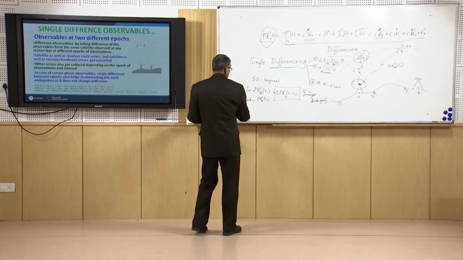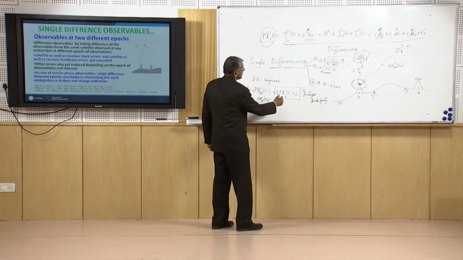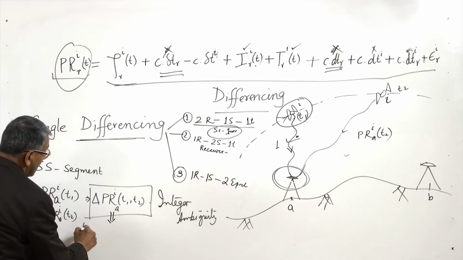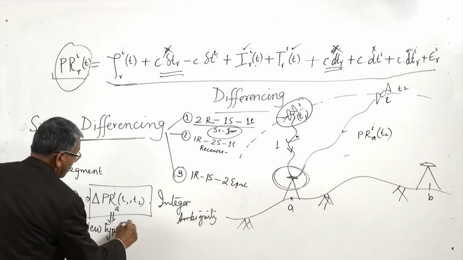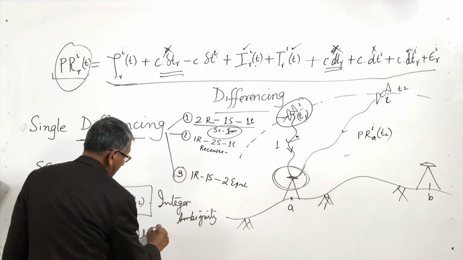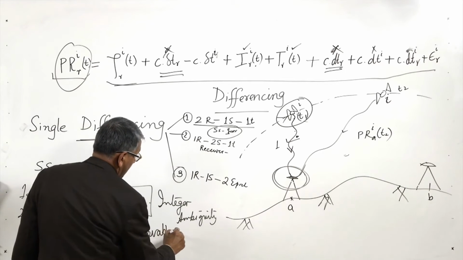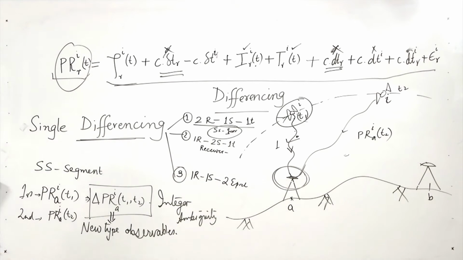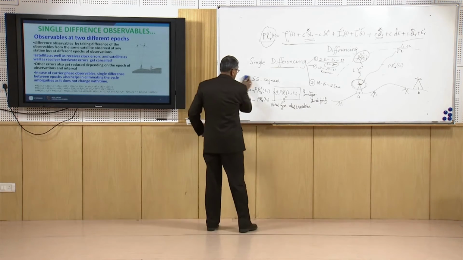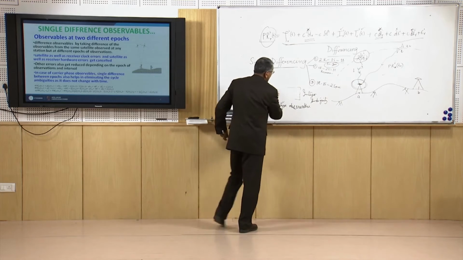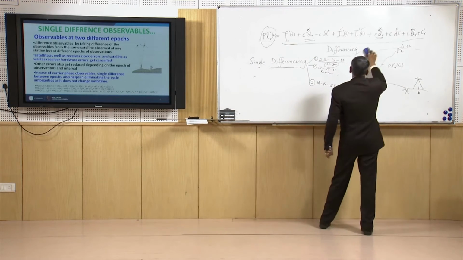By taking this differencing, we get a new type of observables, and these observables are known as single difference observables. So by single differencing we get three types of observables.